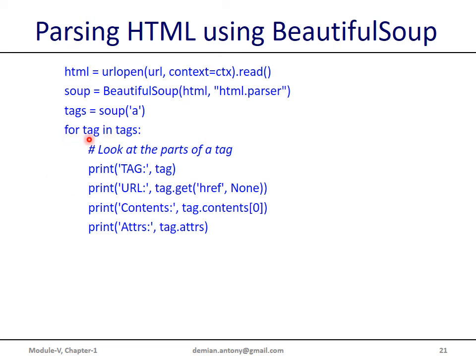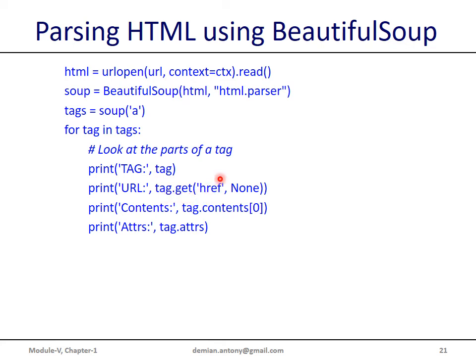For each of the anchor tags, try to get the href, get the content of the description of the anchor tag, a hyperlink. We have actually a description of that tag that is obtained with the contents of 0, then any other attributes that are present you can retrieve from the tag dot attrs method. This represents all the contents, and this is href.